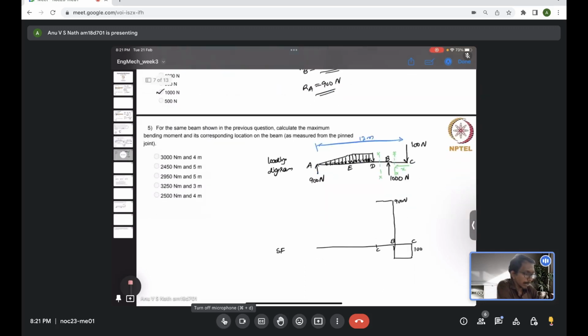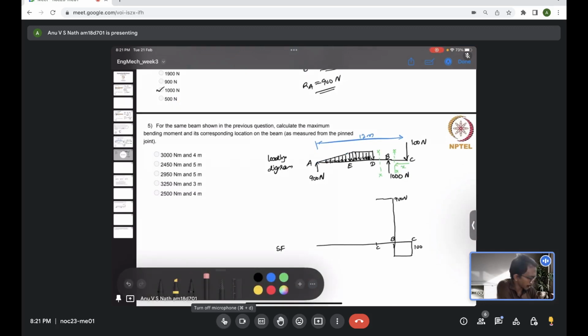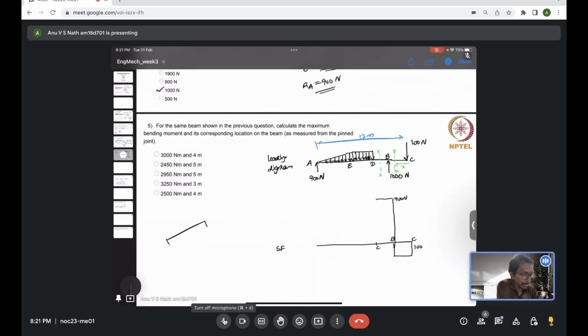Now once you have the loading diagram, basically you have some beam, you have some kind of loading, you can have support reactions.